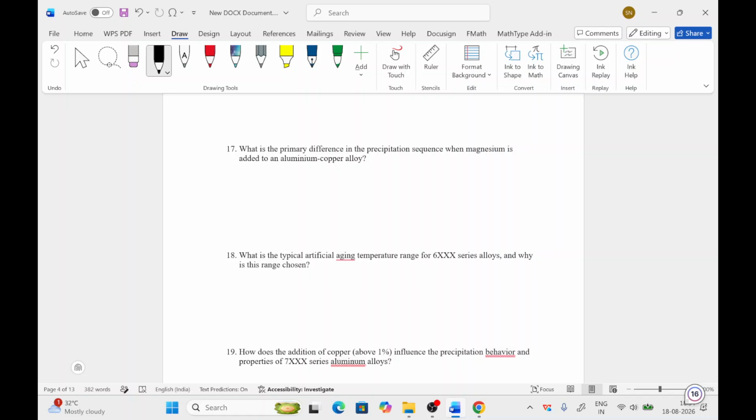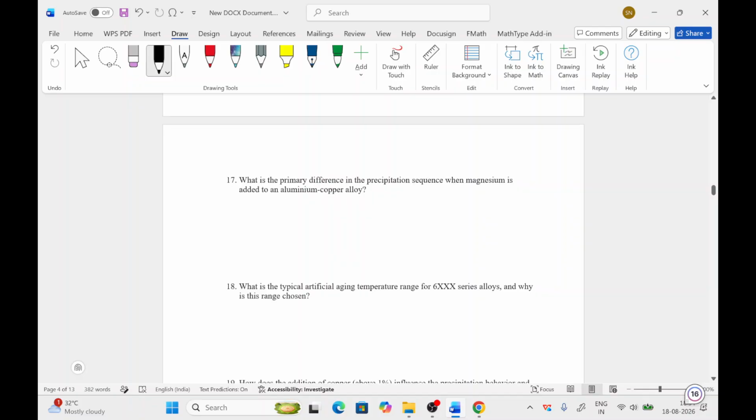So when magnesium is added, let's take an aluminum alloy 2024, which has a composition of aluminum, 4.4 copper, 1.5 magnesium, and 0.8 manganese.